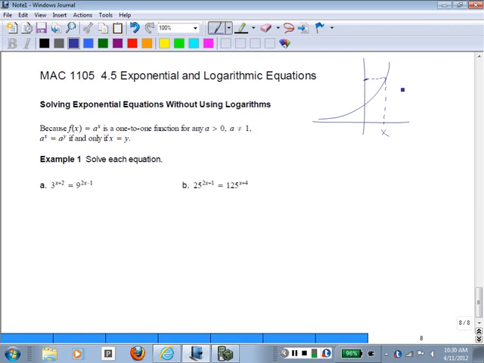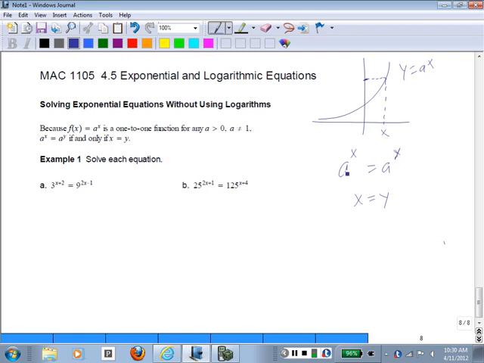So if this is y equals a to the x and a to the x power equals a to the y power, and they're giving us the same y coordinate, it means they represent the same x coordinate. X would have to equal y in that case.